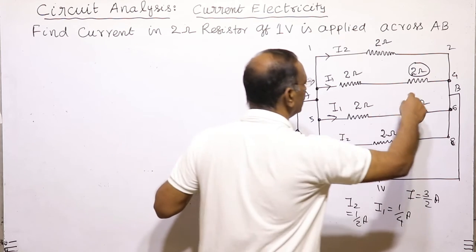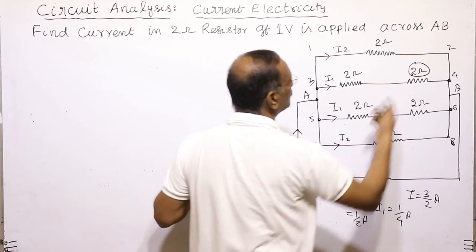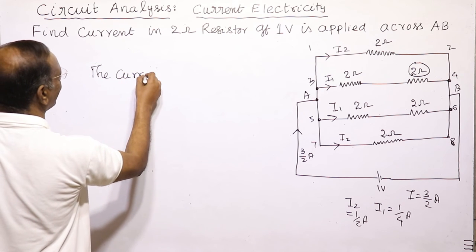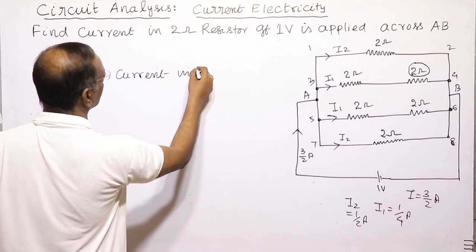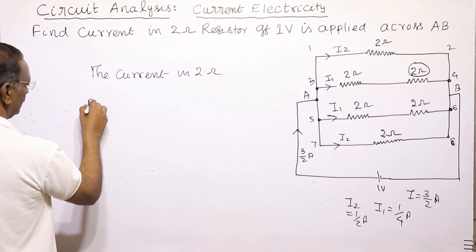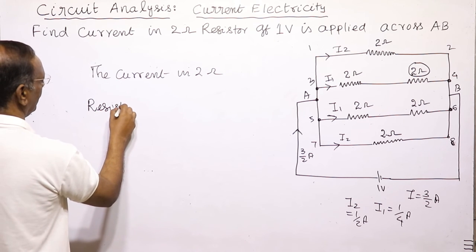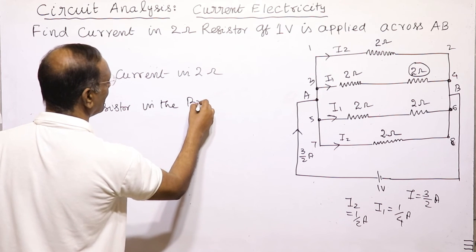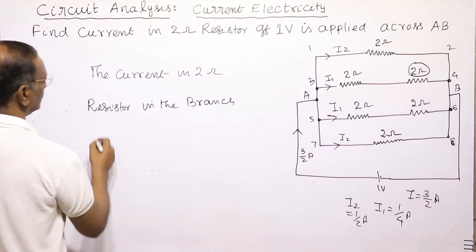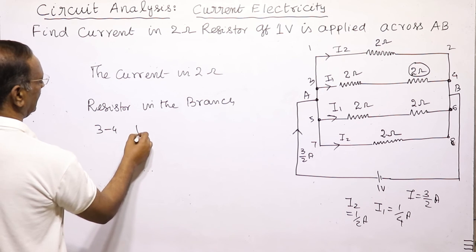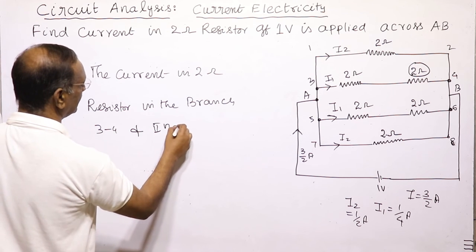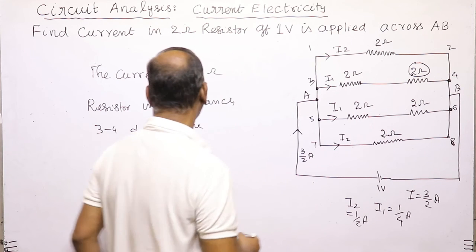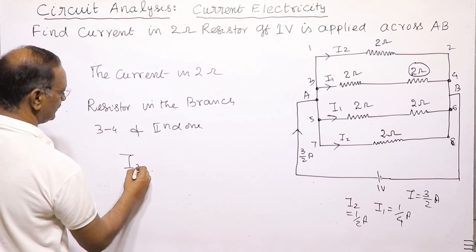See, there are so many 2 ohms, so it is mentioned: the current in the 2 ohm resistor in the branch 3, 4, and the second one. This is the first one, this is the second one. So we find the current in the 2 ohm.